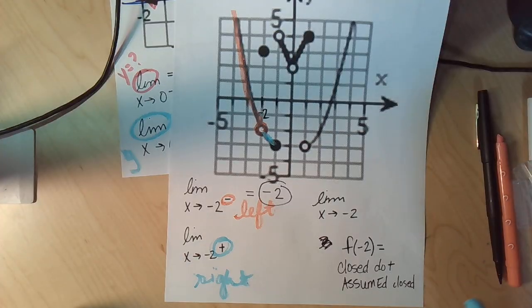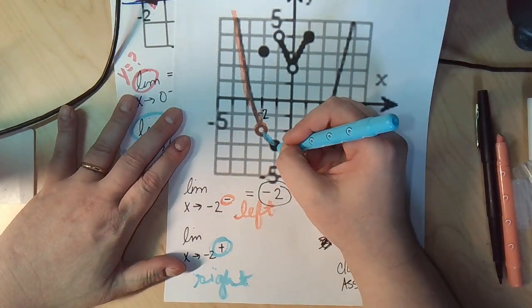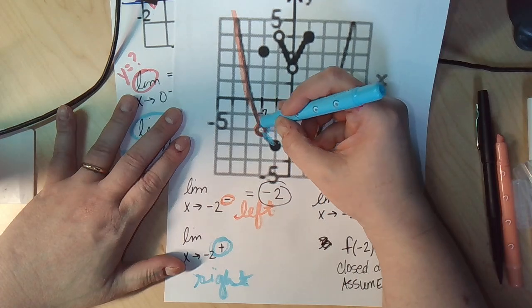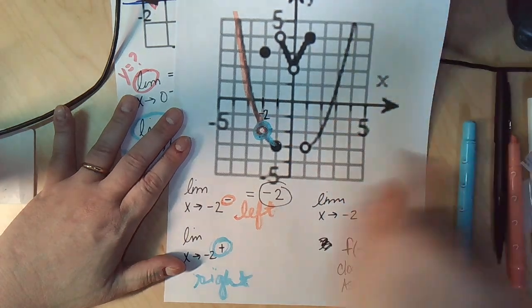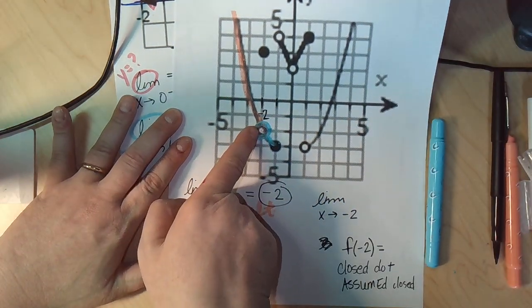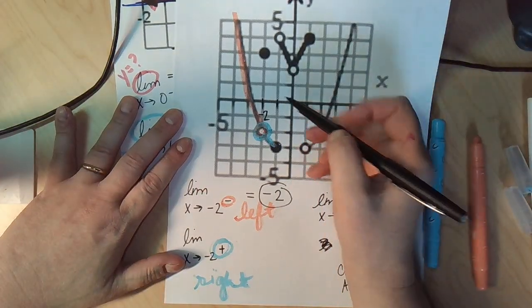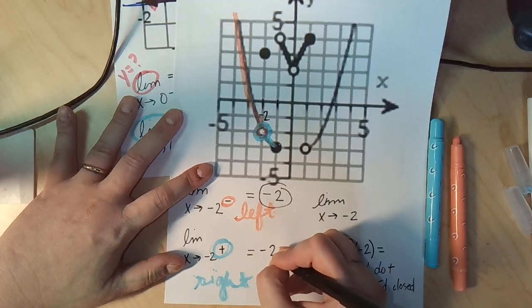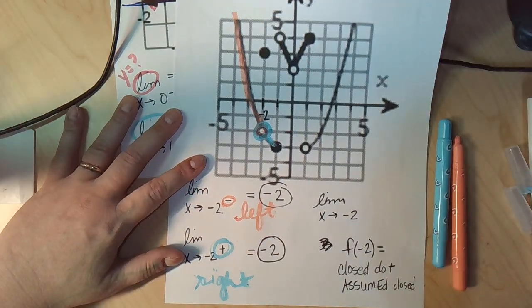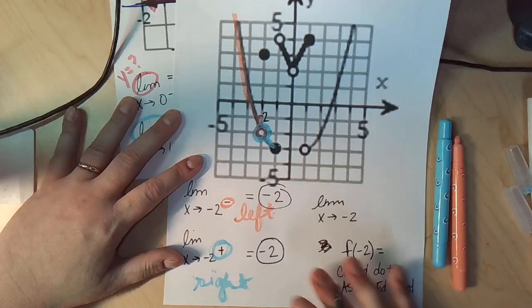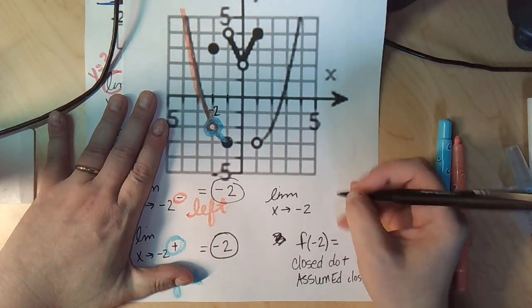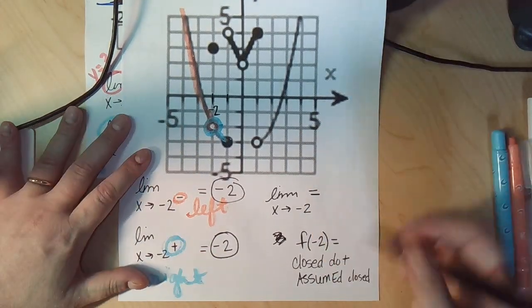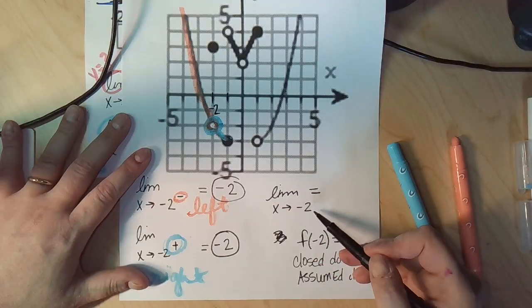Okay, and it's asking when x is -2, what is the y value at that point? And the y value is still, we went left 2, down 2. It's still -2.